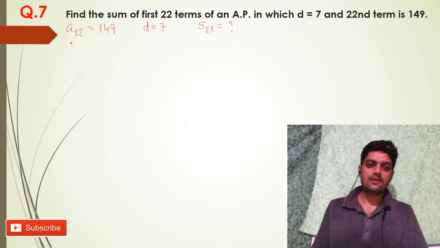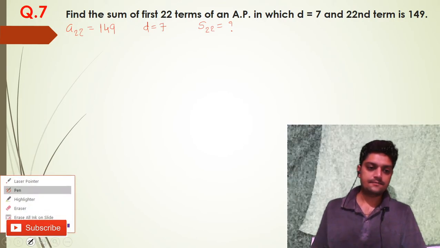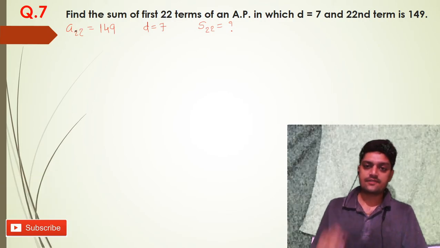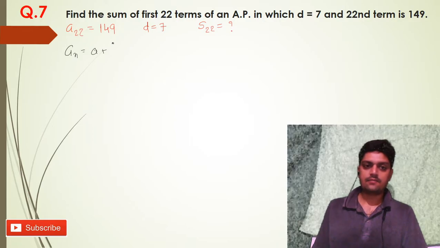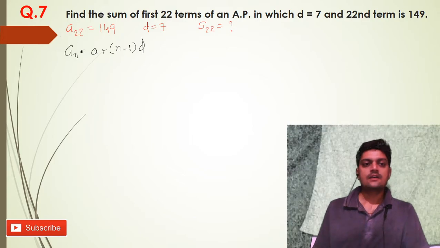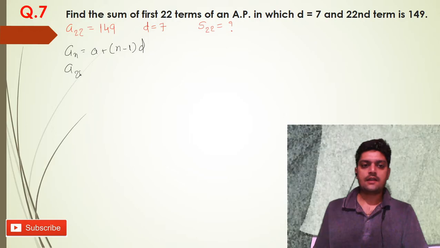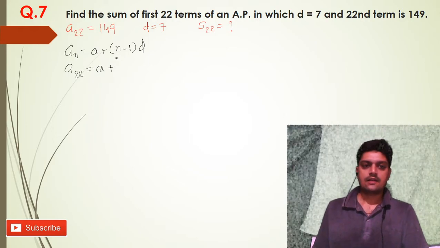So now let me go ahead without wasting time. So now here I will use first the nth term formula. So that is a n is equal to a plus n minus 1 into d. So now a n, so I will use here a22 is equal to a plus n minus 1.